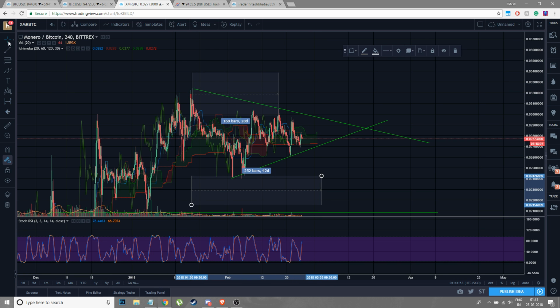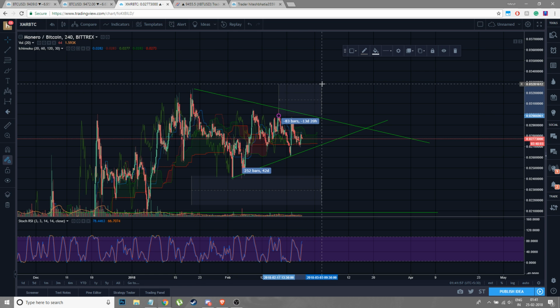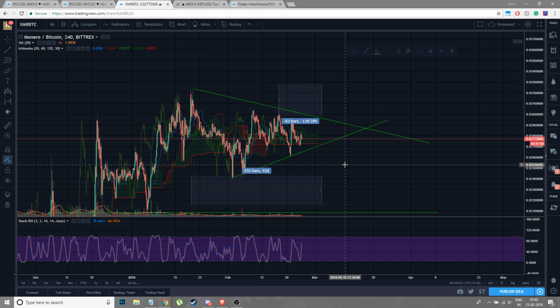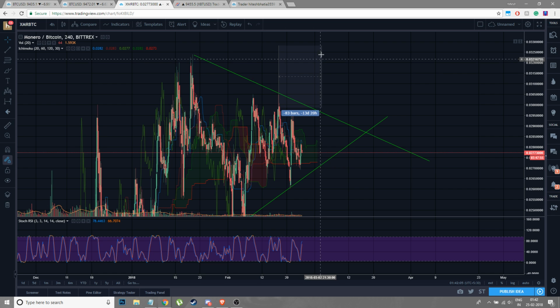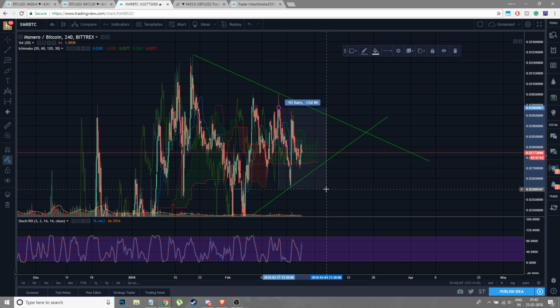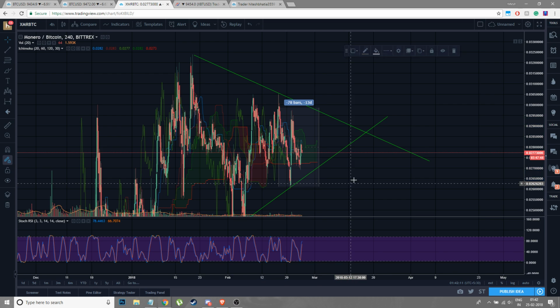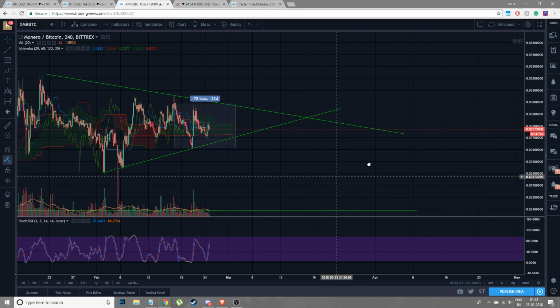Right, so anywhere from here, this is the region of the breakdown where you will see a significant move to the downside, right? So it's going to break down anytime soon, in my opinion.